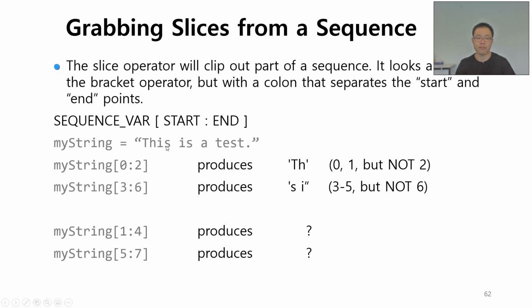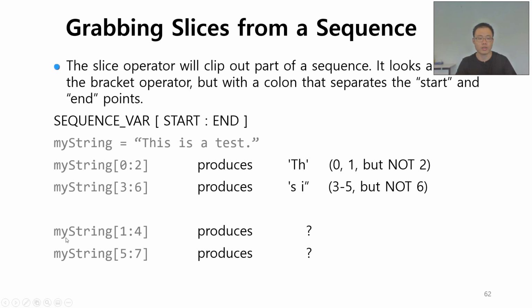Okay, you will have the 4th, 5th, and 6th, so you will have the S, space and I. Okay, it cuts the string into different slices. It gives you a slice from the string. So you have from the index 3, 4, 5, but not 6.